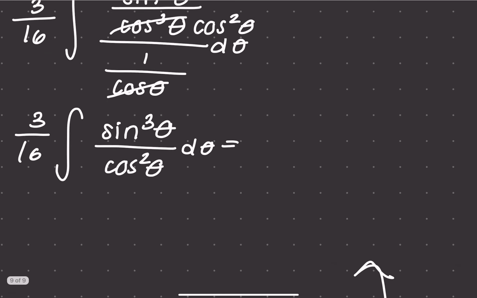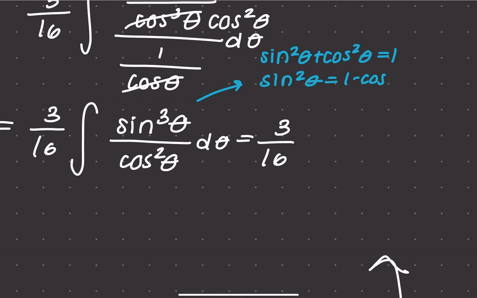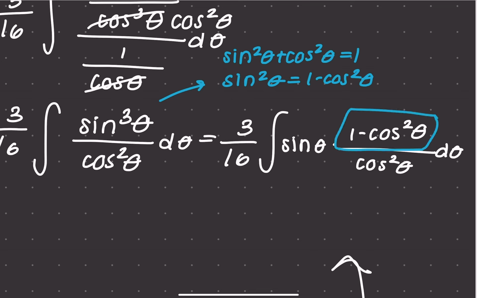We can rewrite this using our identity. Since we know that sine squared theta plus cosine squared theta equals 1, that means sine squared theta equals 1 minus cosine squared theta. We're going to rewrite this integral as sine theta times (1 minus cosine squared theta) divided by cosine squared theta d theta, where 1 minus cosine squared theta is equal to sine squared theta.